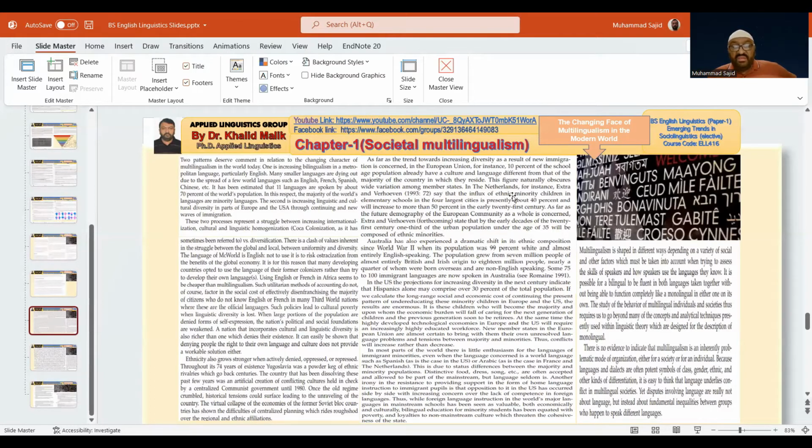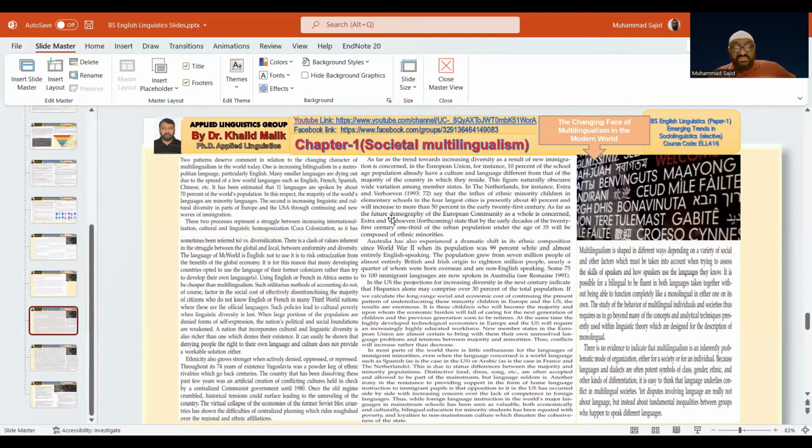In the Netherlands, for instance, Extra and Verhoeven, 1993, page 72, say that the influx of ethnic minority children in elementary schools in the four largest cities is presently about 40% and will increase to more than 50% in the early 21st century.